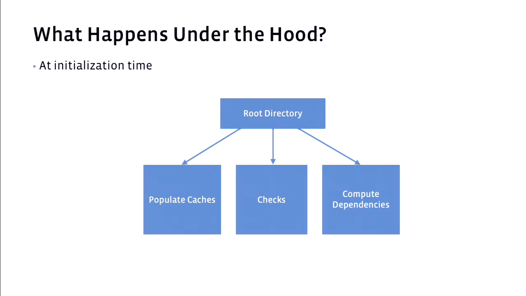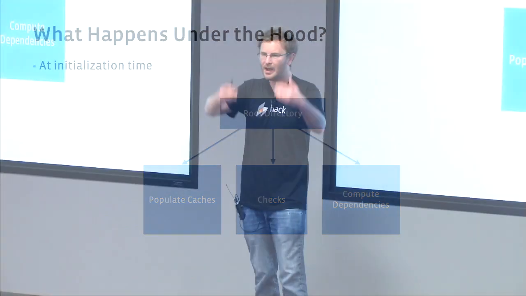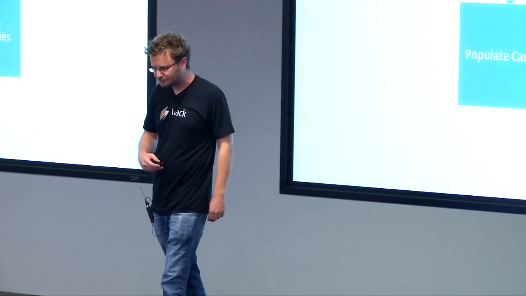So I have a slide later on about the dependencies, but the way this works under the hood is that while we're doing the checks, what we're really doing is recording dependencies. So while I'm checking the function foo, and function foo uses bar, I don't have to explicitly write somewhere, remember that you're using bar. There's a layer of abstraction that keeps track of that. And that's important because we need to know what depends on what at any given time.